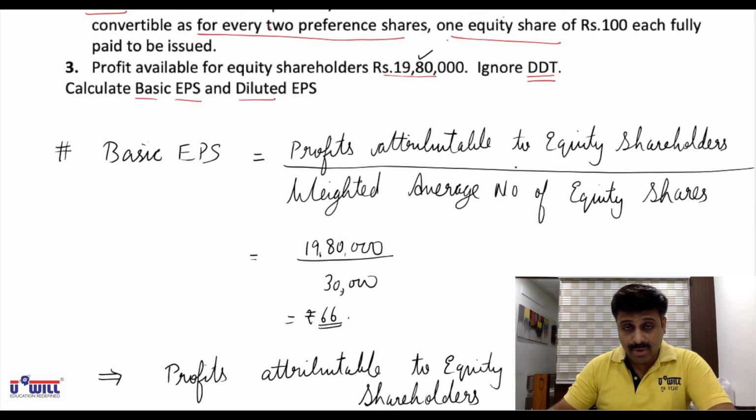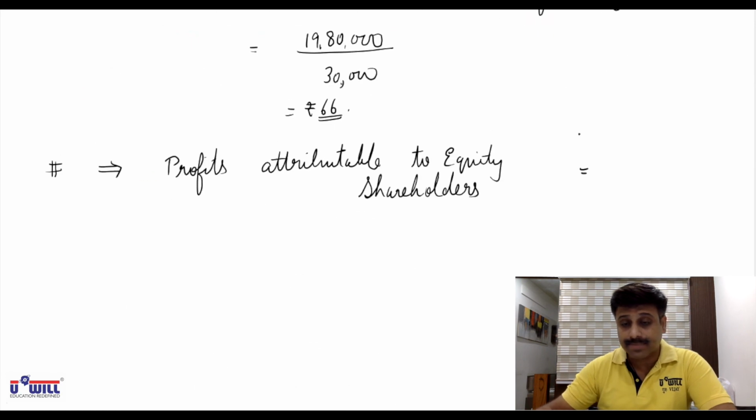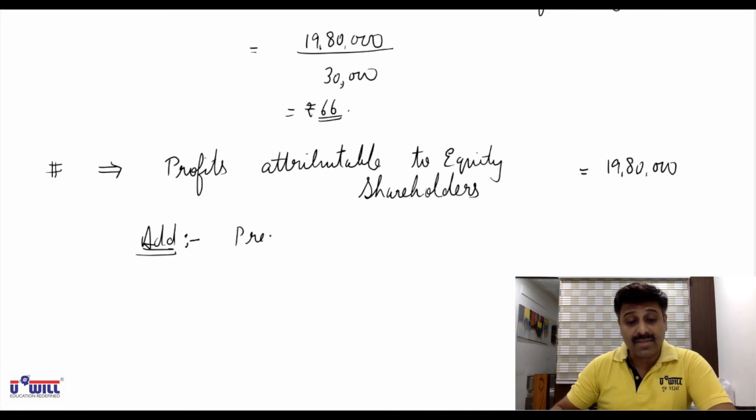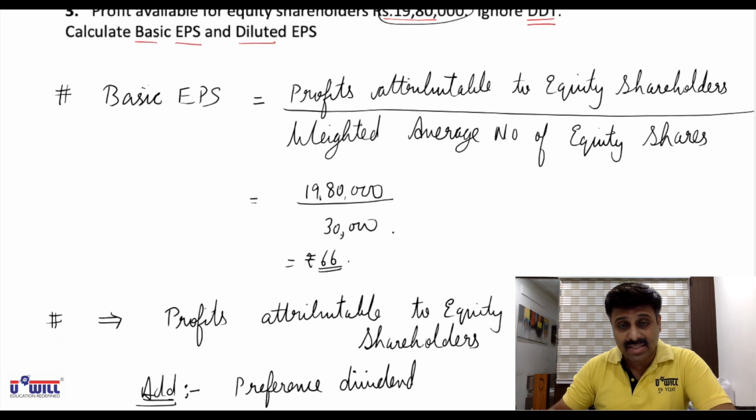Existing profits attributable to equity shareholders are 19,80,000. In that, we would add preference dividend as well as dividend distribution tax. But here it is given, ignore dividend distribution tax. So we will add only preference dividend.